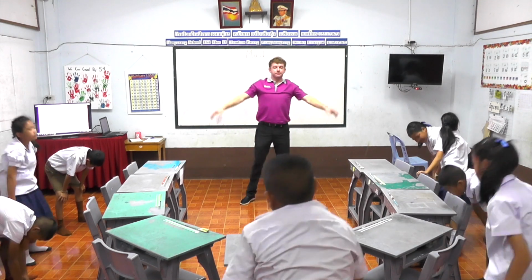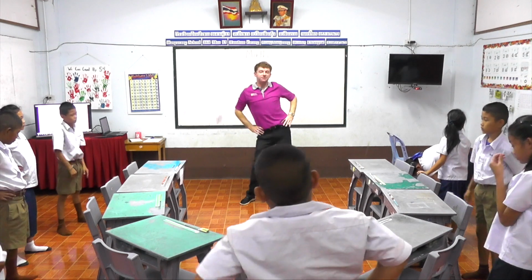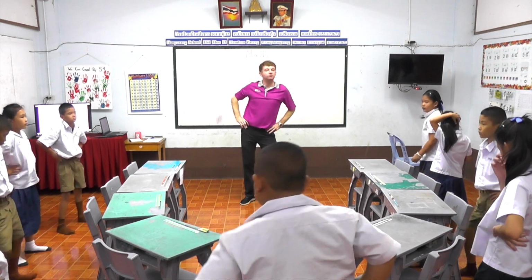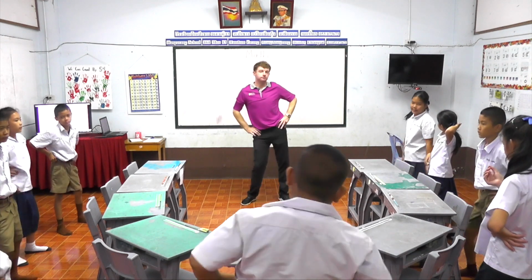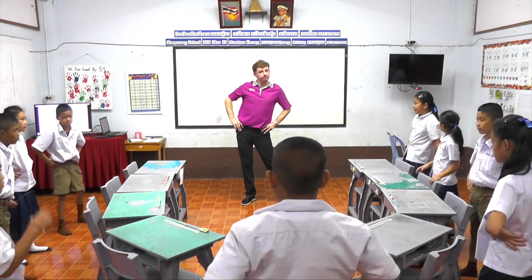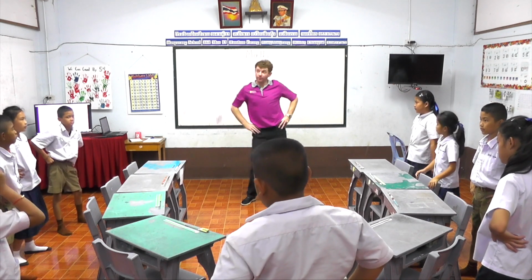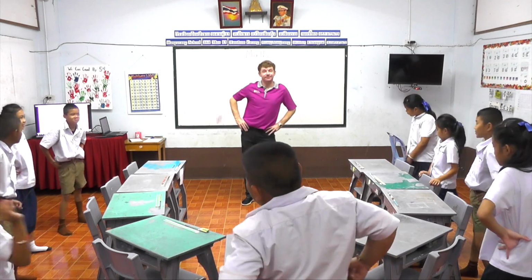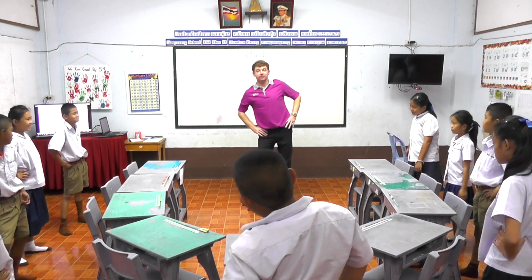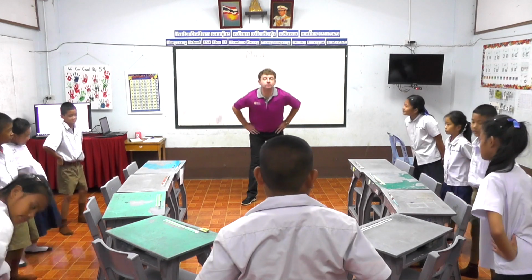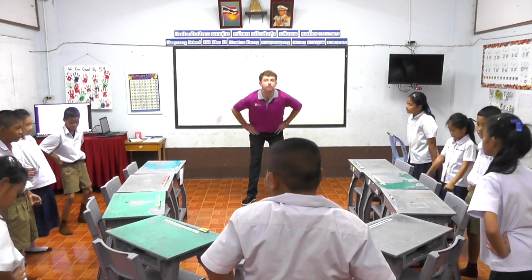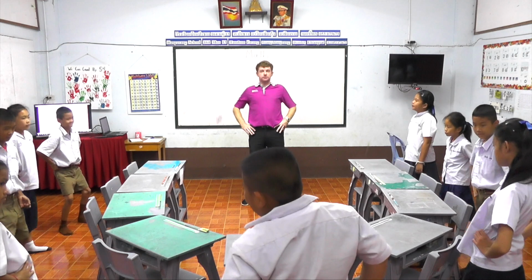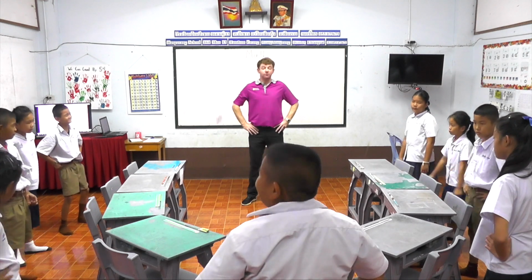Stand up, hands on hips, and let's have a wiggle. Let's have a wiggle side to side. Stop. And then another wiggle. Another wiggle side to side. Stop. Forwards, backwards, forwards, backwards, forwards, backwards, and stop.